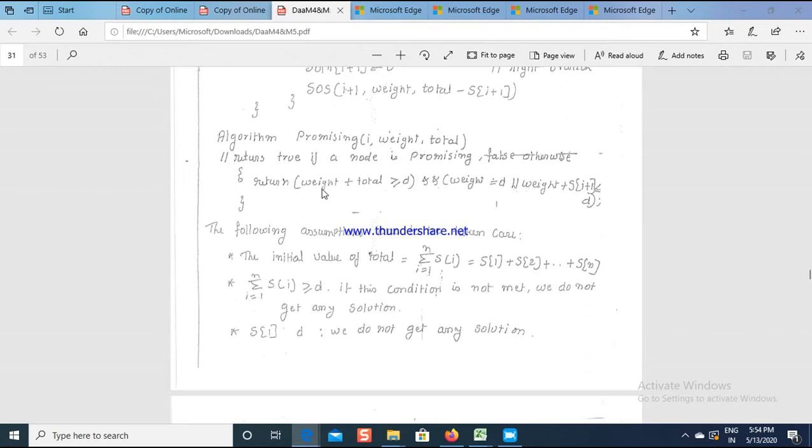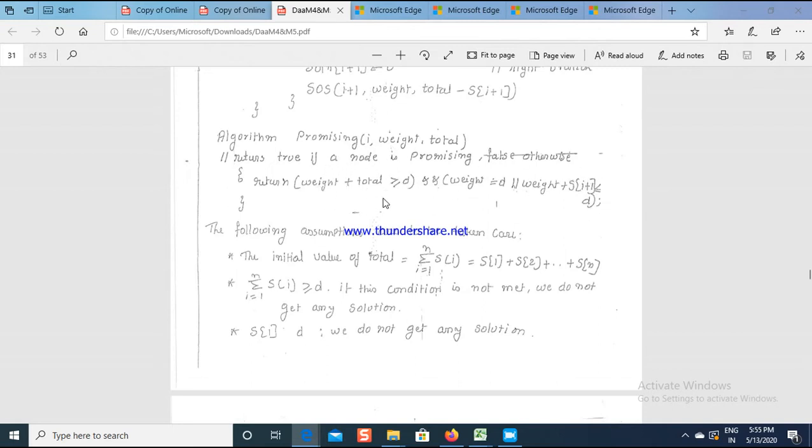What is there in this promising function? Here you have two functions, this one and this one. One more bracket is missing, so put a bracket here and one more bracket here. Okay. So return: weight is nothing but the current sum, plus total, if it is greater than D. And one more condition is weight equal to D. Weight will be equal to D when we get the solution. And weight plus the next element S of i plus 1, if it is greater than D. You remember this, what is this and what is this?